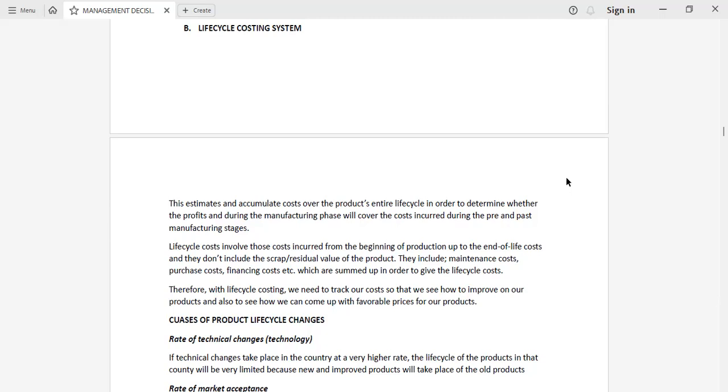But whatever is happening, we are incurring costs, because of maintaining a given level.